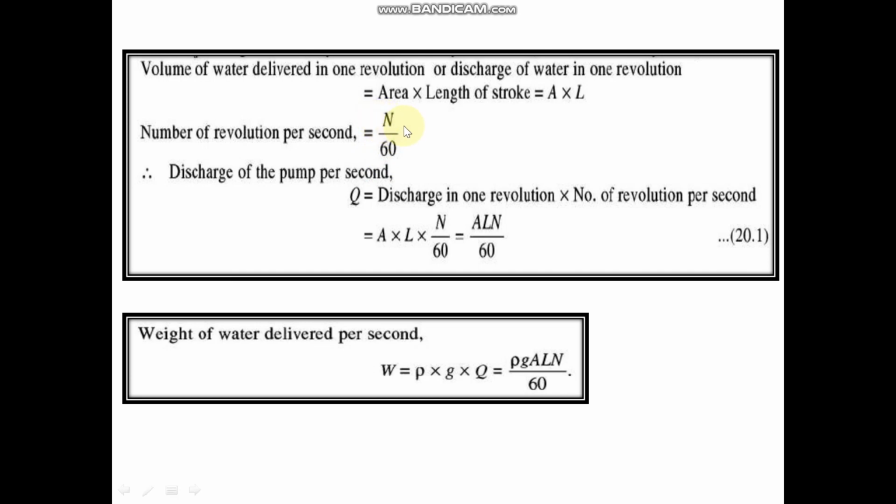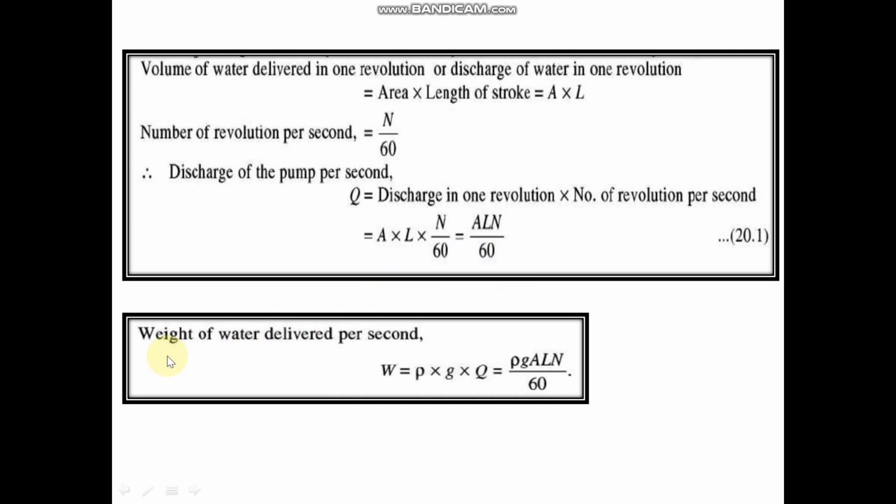N is already defined as rotational speed of the crank in RPM, so to convert this into seconds, we have to divide it by 60. Therefore, discharge of the pump per second is equal to discharge in one revolution multiplied by number of revolutions per second, that is ALN divided by 60.